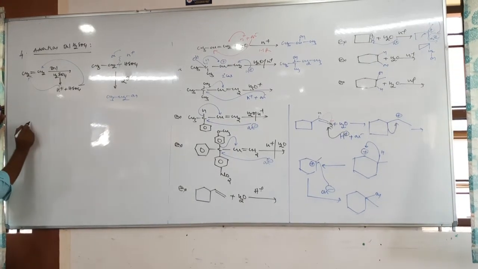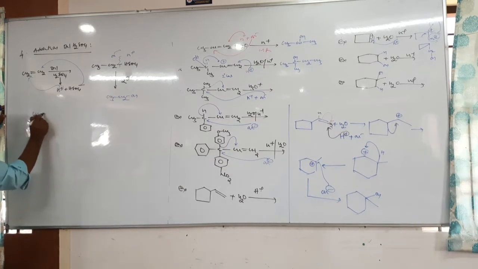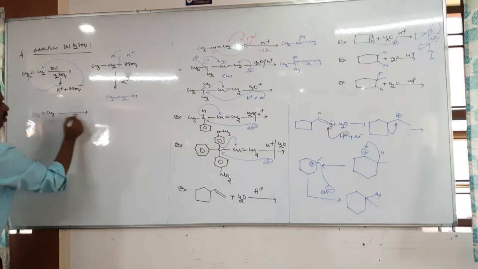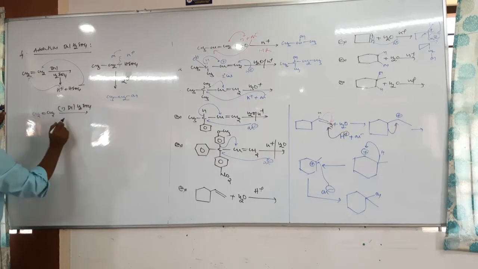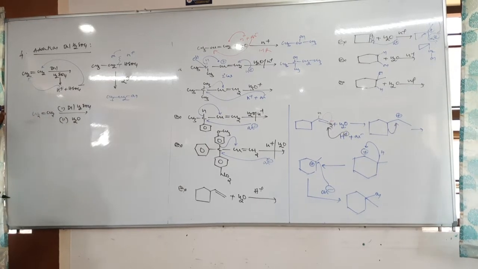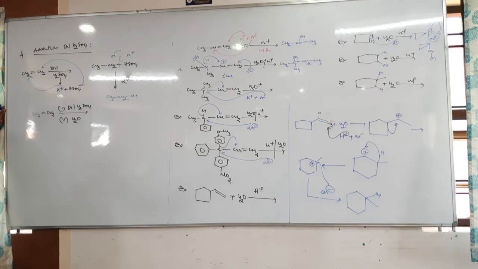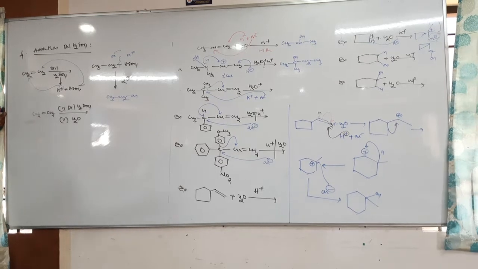Now the question is like this: CH2 double bond CH2 with dilute sulfuric acid, hydrolysis. What is the product? Add water according to Markovnikov rule. You just add the water according to Markovnikov rule, that will be the product. Same.